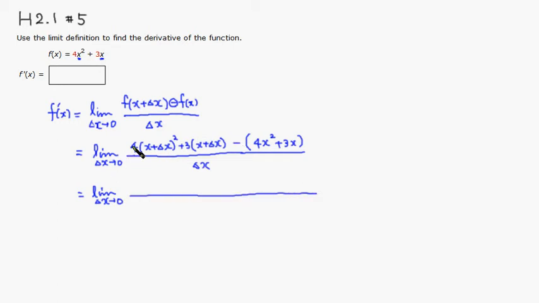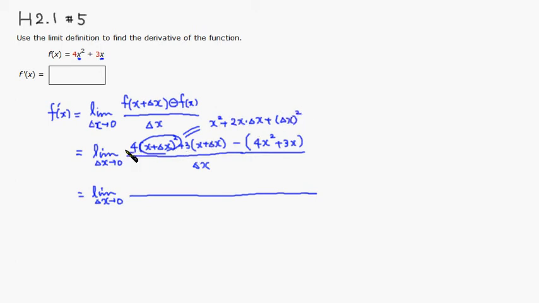Alright, so if you multiply it out, I'm going to do this on the side here. Quantity x plus delta x squared is x squared plus 2 times x times delta x plus delta x squared, right?